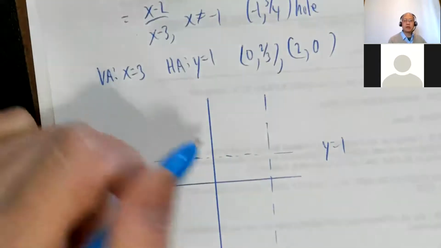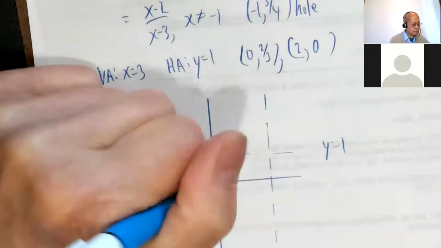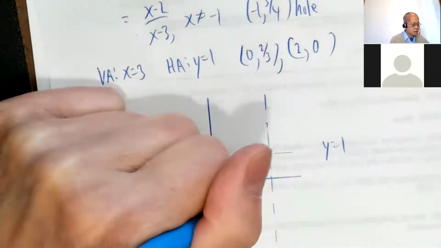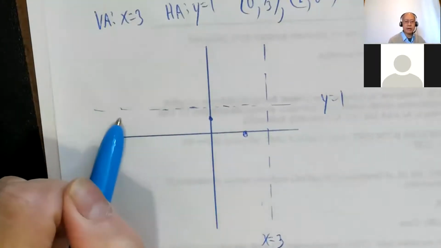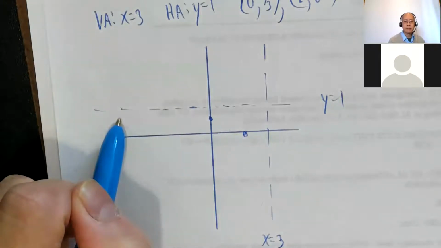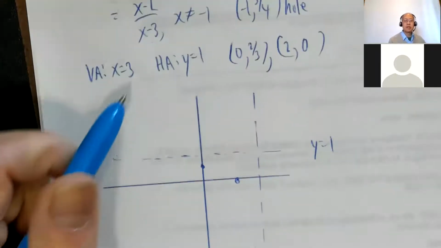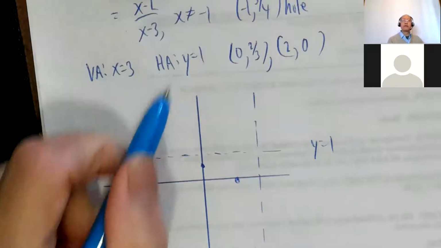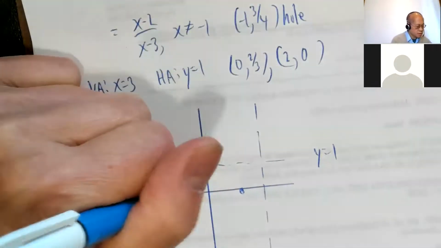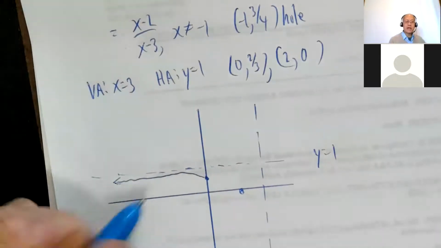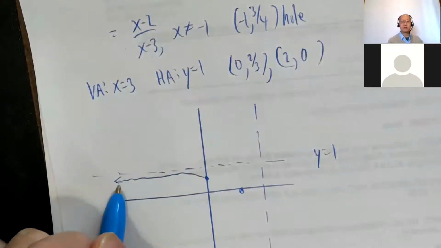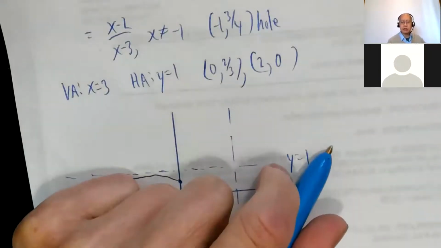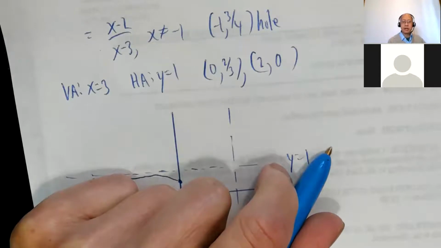I have (0, 2/3), which is lower than here, and (2, 0). This itself kind of tells you it's probably going to go like that and go like that. Let's double check this. End behavior, for sure, we're going out over here. I'll go like that. Although technically it is possible for the graph to pass up and then come back down, but this is the easiest. And likewise over here, I go out toward y = 1 in the infinite sense.